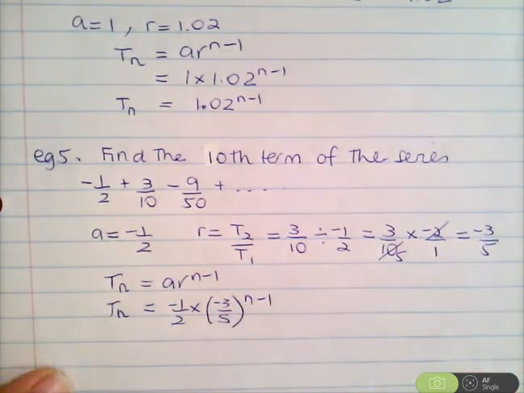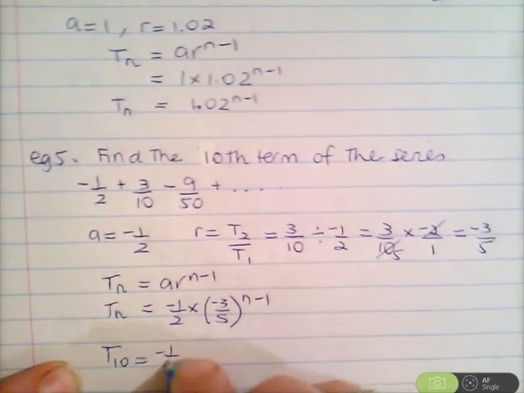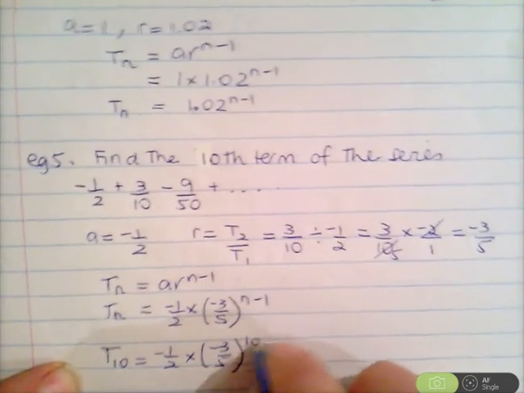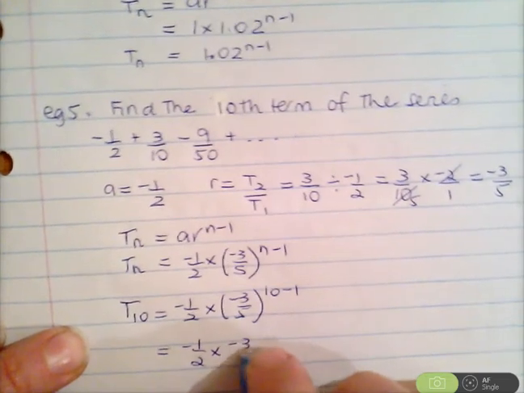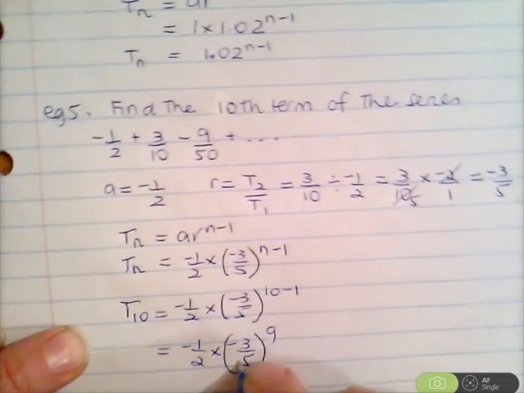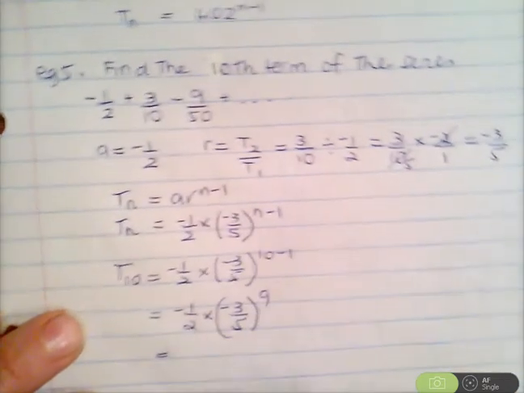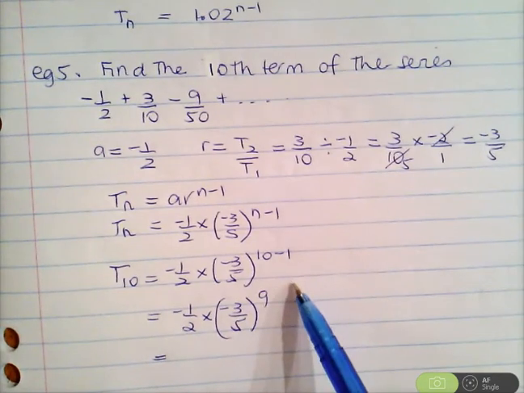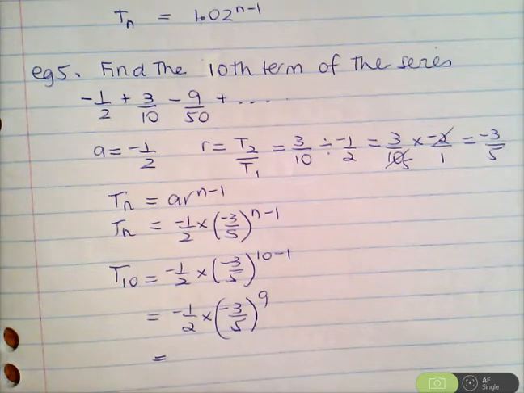That's the nth term. So we want the 10th term, so t10 is -1/2 times -3/5 to the power of 10 minus 1, which is -1/2 times -3/5 to the power of 9. It's actually going to be a positive, because -3/5 to the power of 9 is an odd power, so that will be negative, and the negative times the negative will be a positive.